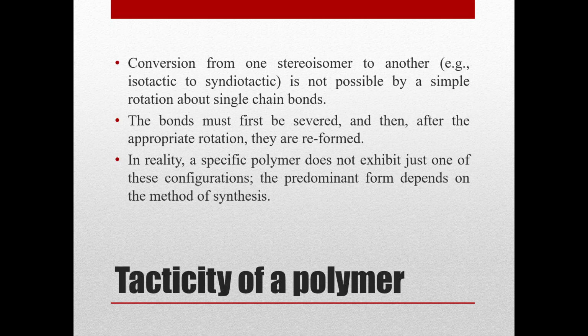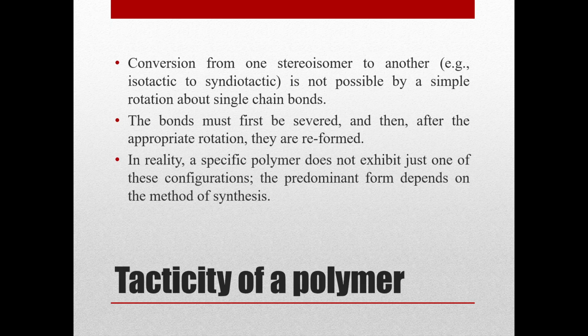In reality, a specific polymer does not exhibit just one of these configurations. The predominant form depends on the method of synthesis. In any given polymer, one will find that all of these configurations might be present, but the predominant one, the one which is majorly found in that particular polymer, would be the tacticity of that polymer, and it is decided by the method of synthesis.